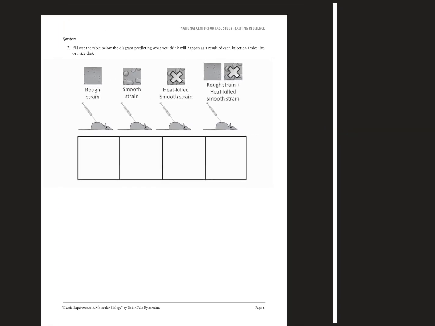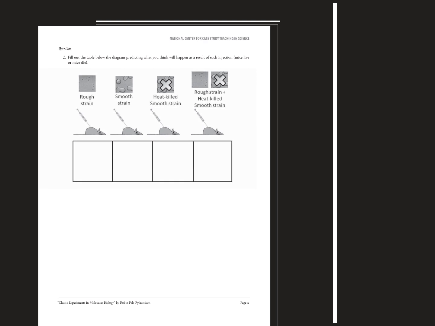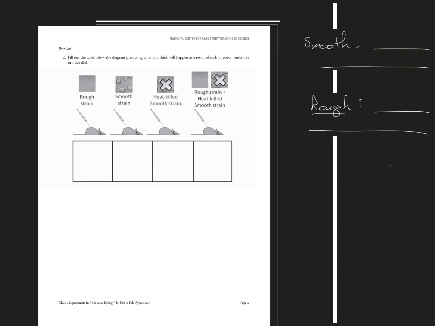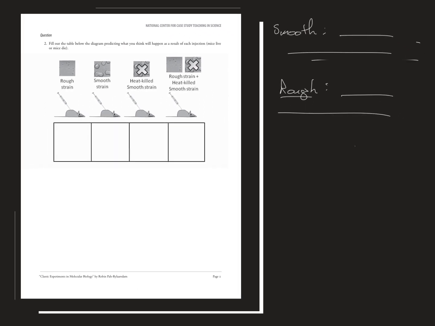So assuming you listened and you went through and understood and made a list, what was the difference between the smooth and the rough? The smooth did something, the rough did something.